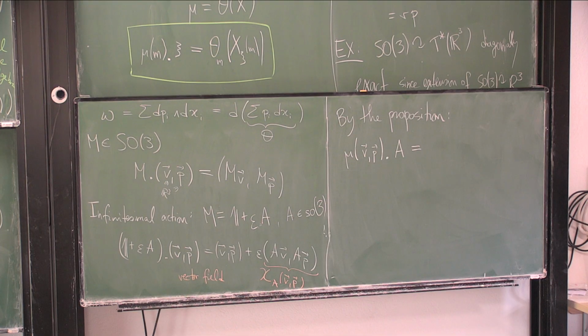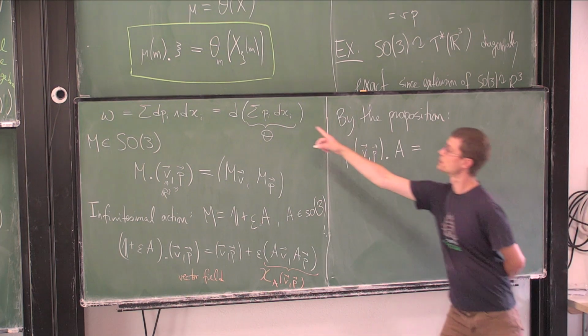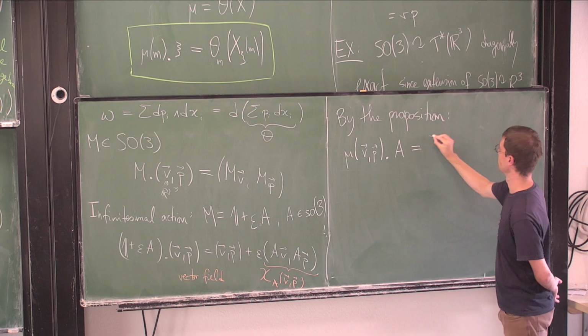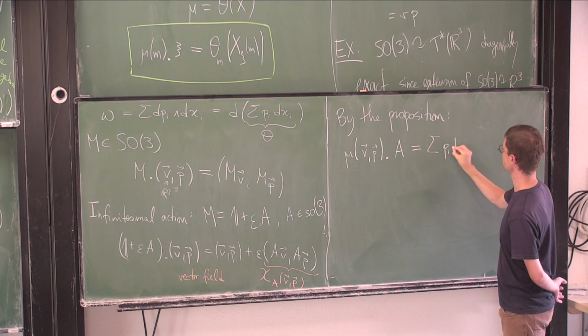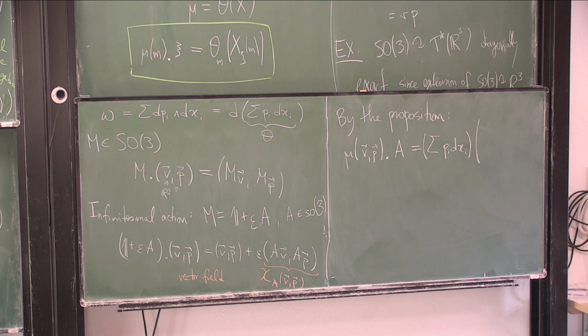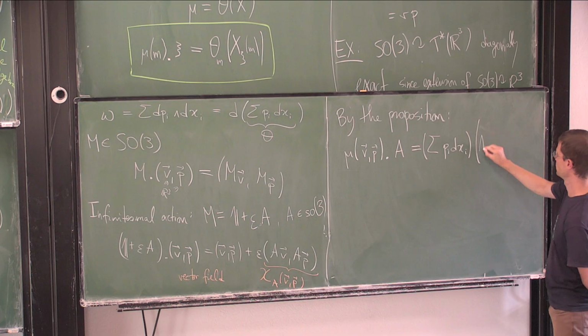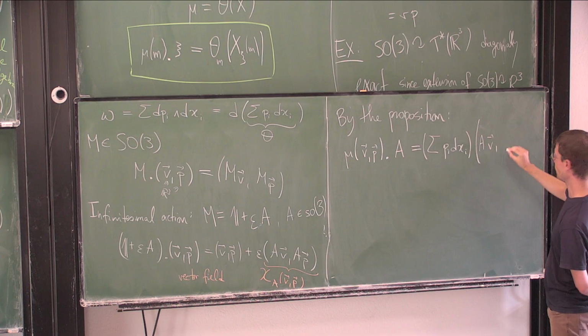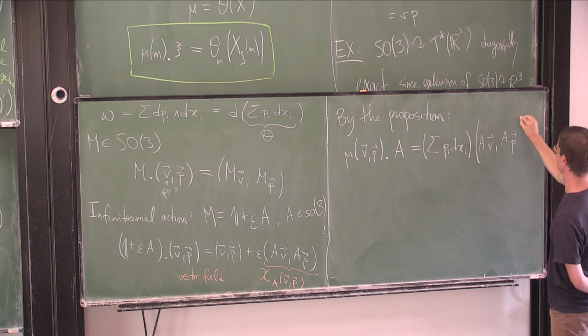It should take theta, the sum of p_i dx_i, and apply it to the vector field, which is (A v, A p).